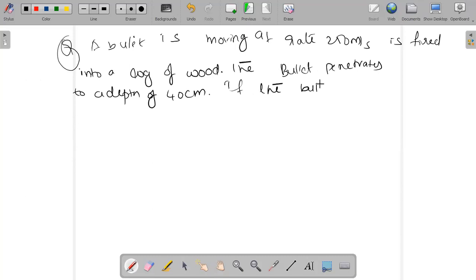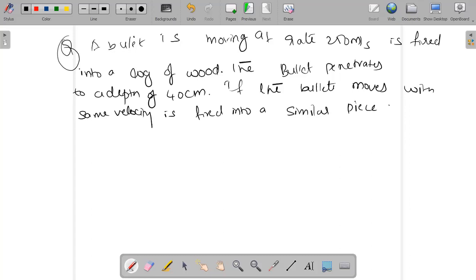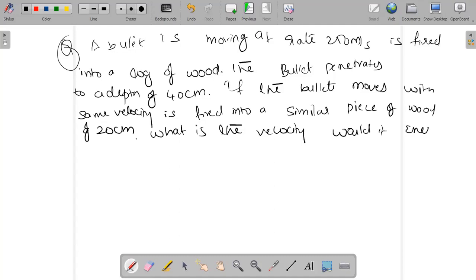If the bullet moving with the same velocity is fired into a similar piece of wood of 20 centimeter, what velocity would it emerge with? Take resistance to be uniform.